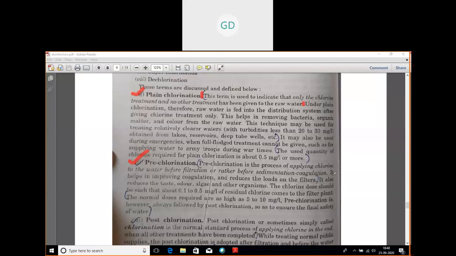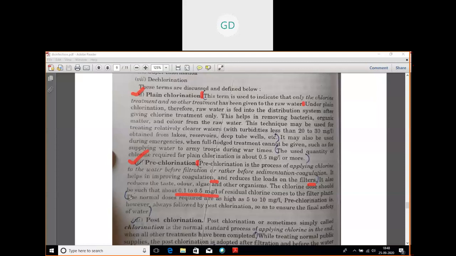You can write: it helps in removing coagulation and reduces the load on the filters. It also reduces the taste, algae and other organisms. The chlorine dose should be such that about 0.1 to 0.5 milligram per liter of residual chlorine comes to the filter plant.